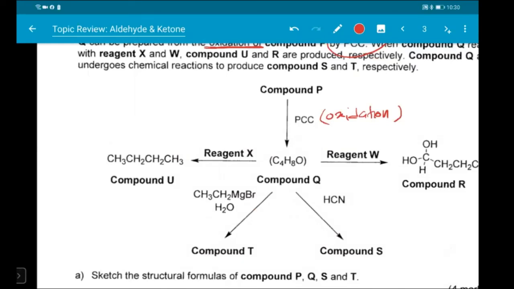Compound Q ke compound U. Thank you, reduction. Okay, semua reduction.